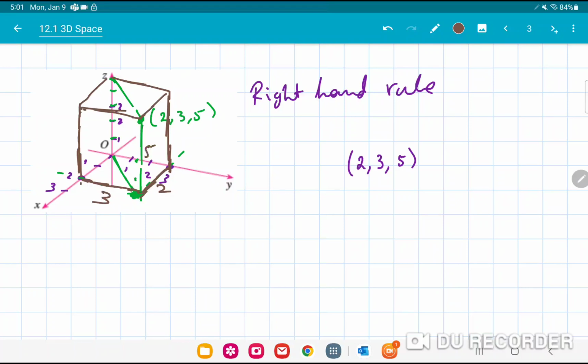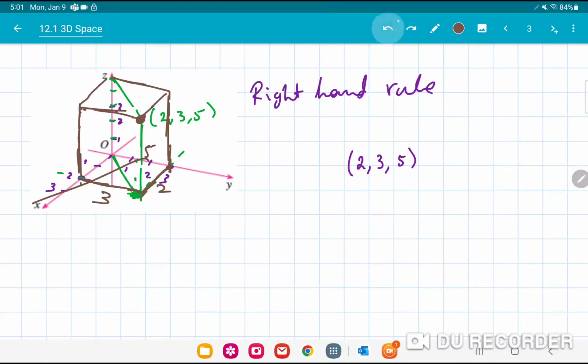Okay, so that point is 2 units out from the YZ plane, from this plane, okay? 3 units out from the XZ plane, and 5 units up from the XY plane.